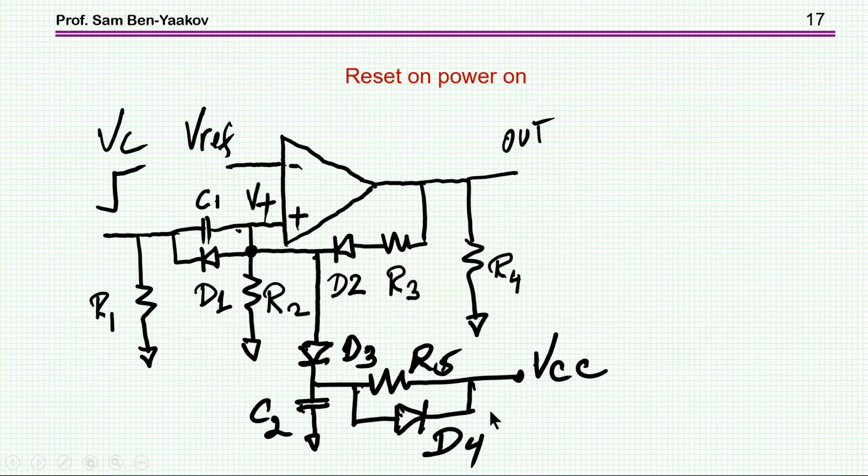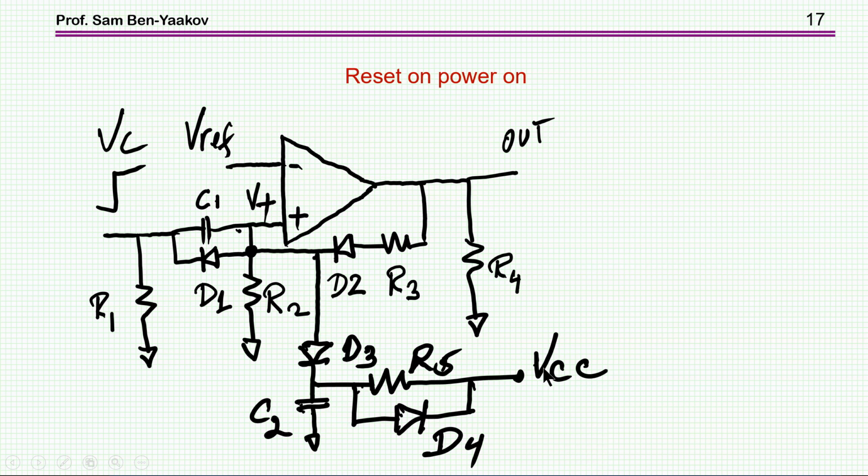Now we can add this power on reset by having a capacitor, which is at the beginning, before there is a VCC, discharged. So therefore it is pulling down this point here and making sure that the output is low.